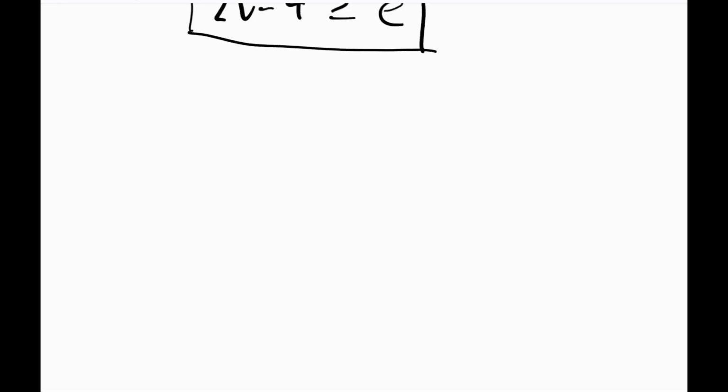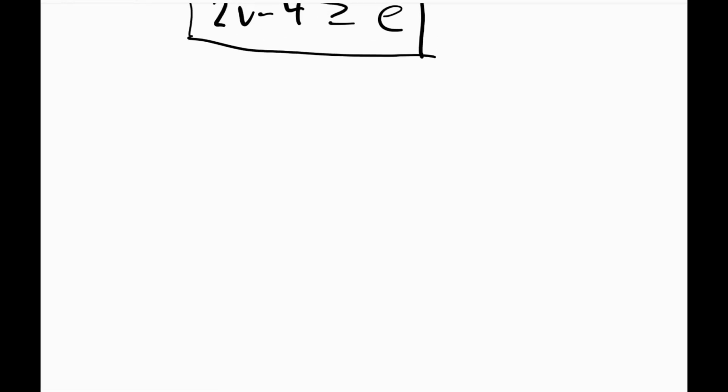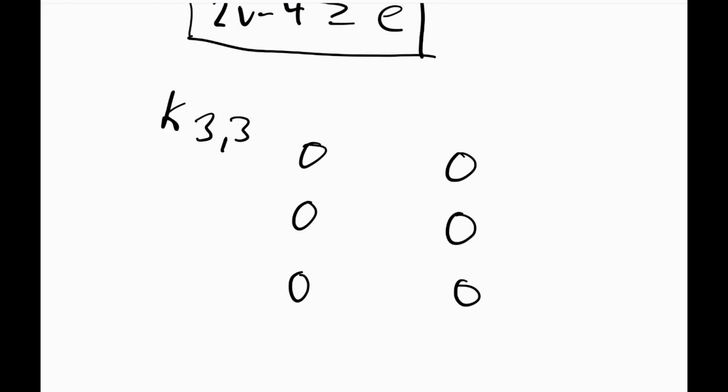Namely, let's consider K3,3. It is a complete bipartite graph. That means from one side we connect each vertex to all the vertices on the other side. We draw the graph like this.